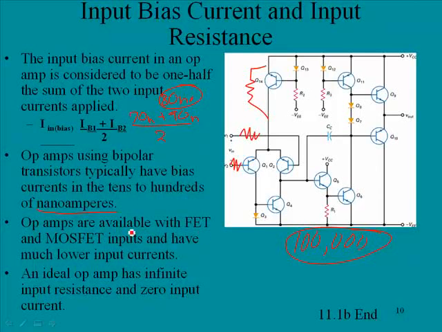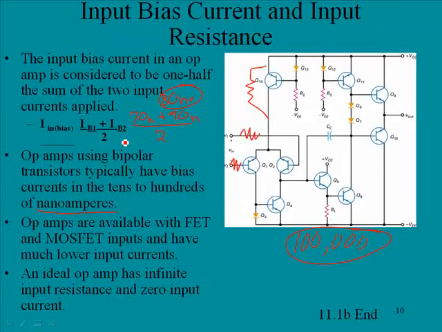That's one of the reasons those are, in some cases, preferred, because they have just astronomical input impedance, hundreds of megohms, and the currents they have are going to be much smaller than this. This is a bipolar value that we're looking at here. But at any rate, infinite input impedance and zero input current, ideally.